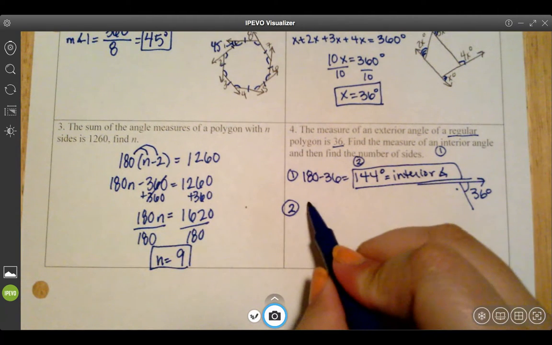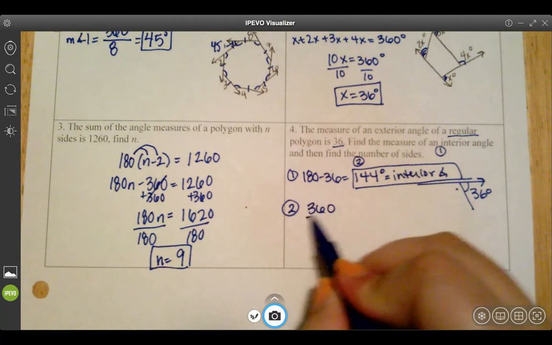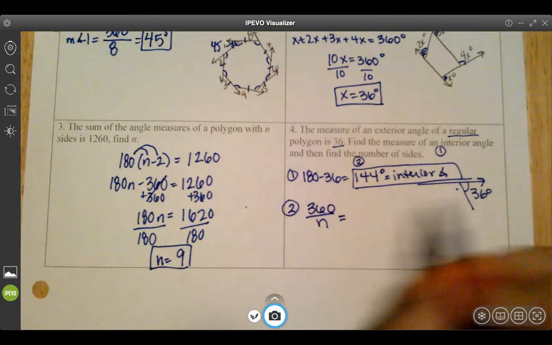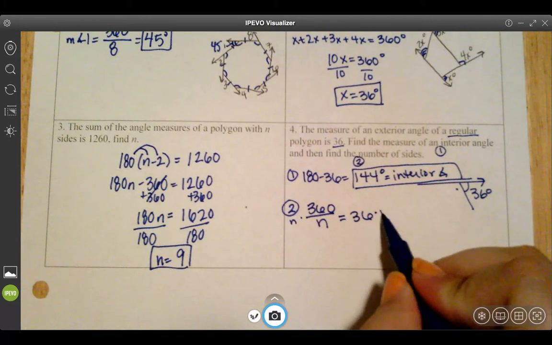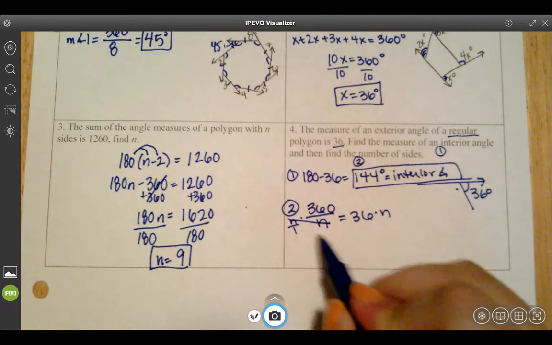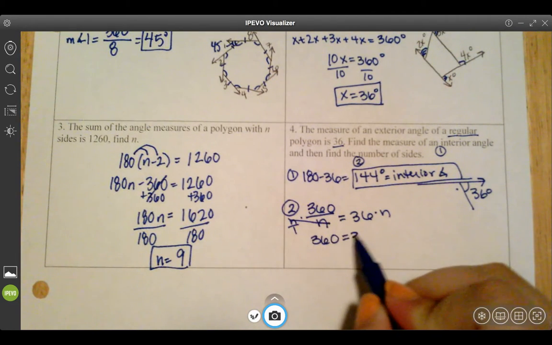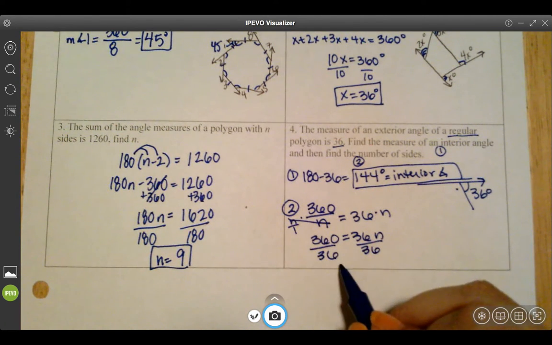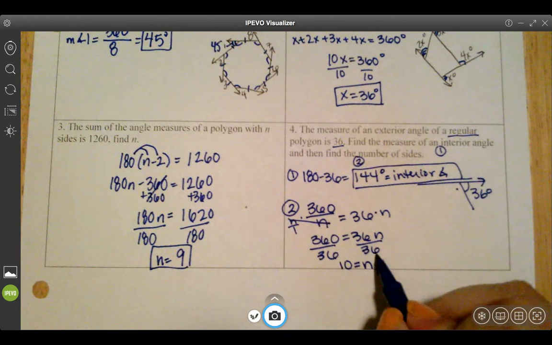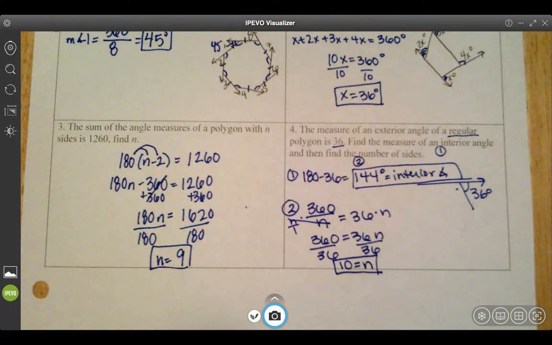So we know that the exterior angle is 360 divided by n, and it is 36. And so if we multiply both sides by n, this gives us 360 equals 36n. Divide by 36, 10 equals n. So that is a 10-sided figure.